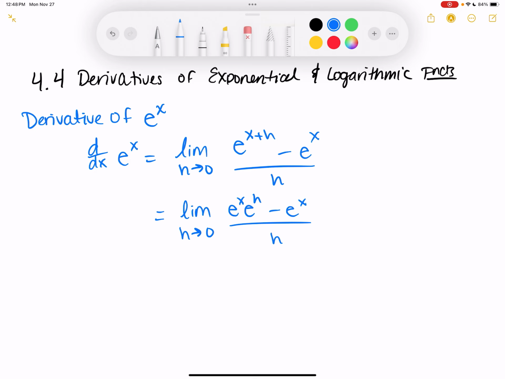Now, because I have an e to the x in both pieces, I can take it out. So that would give me the limit as h approaches 0 of e to the x times e to the h minus 1 over h.